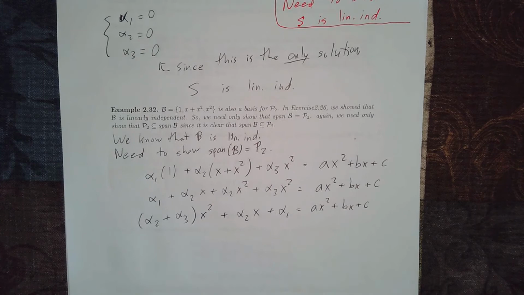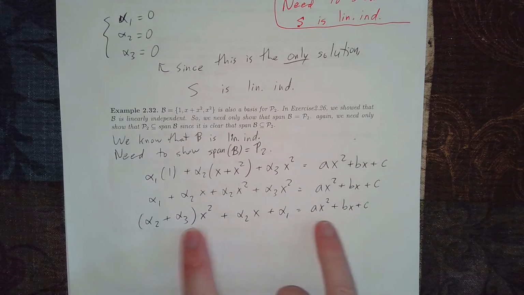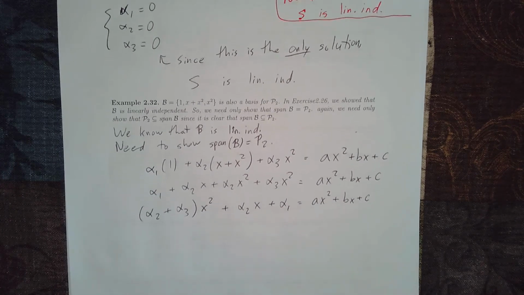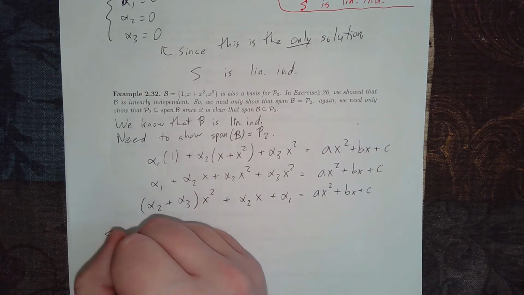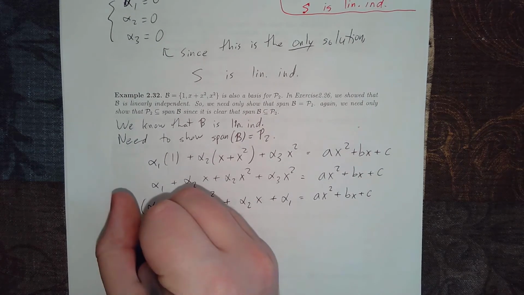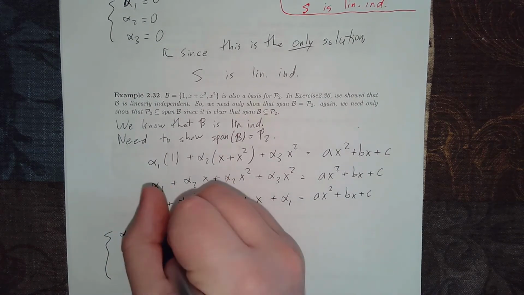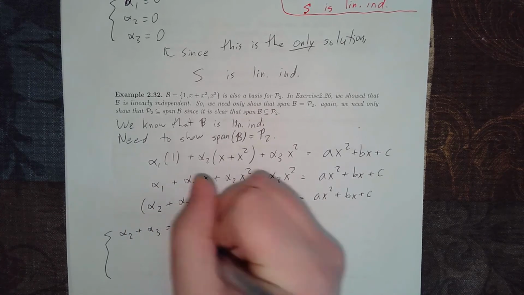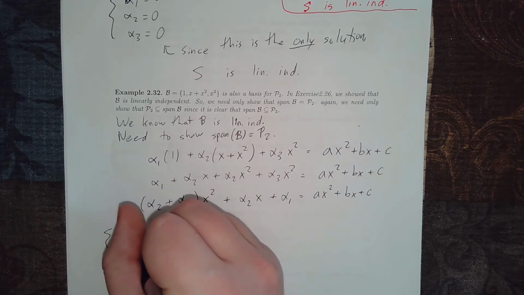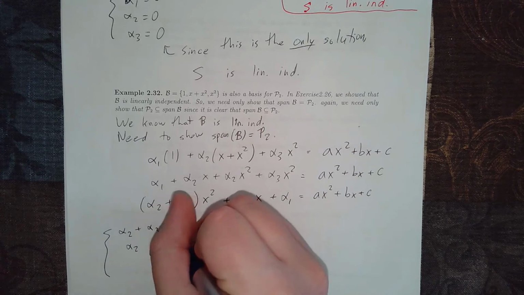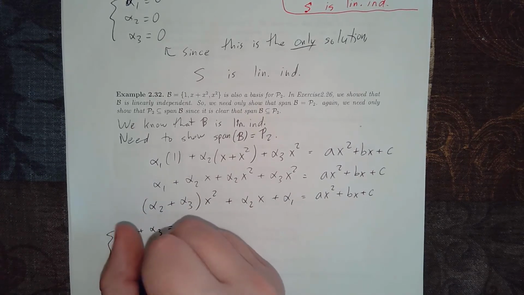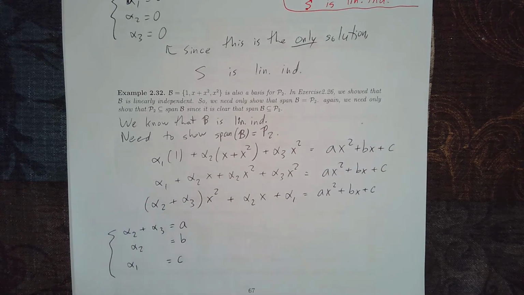And so comparing then the coefficients for x squared, x, and the constant, we end up with the following system of equations. Alpha 2 plus alpha 3 equals a, alpha 2 equals b, and alpha 1 equals c.